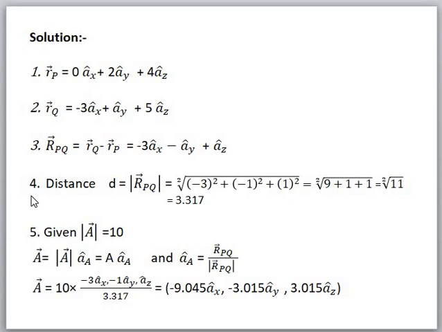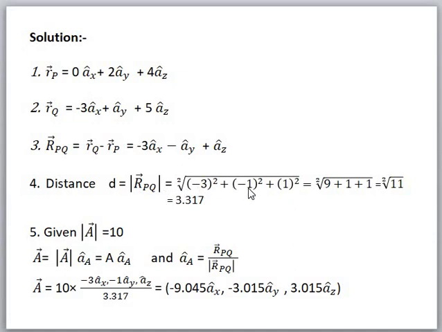Now let's see the next solution, the distance from P to Q. Distance d is equal to the magnitude of vector R_PQ.